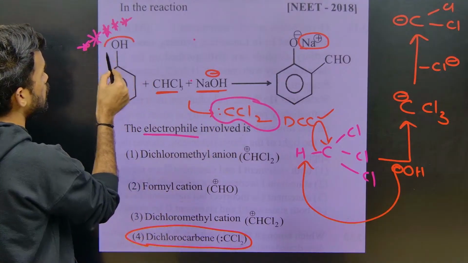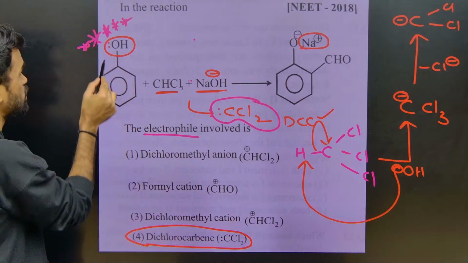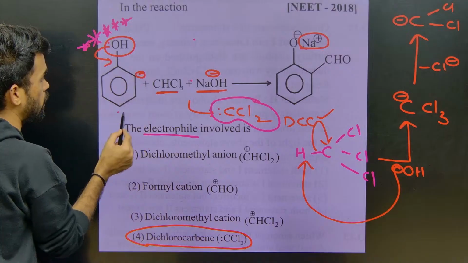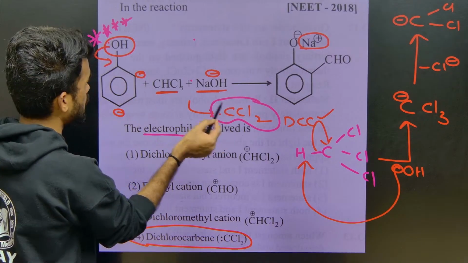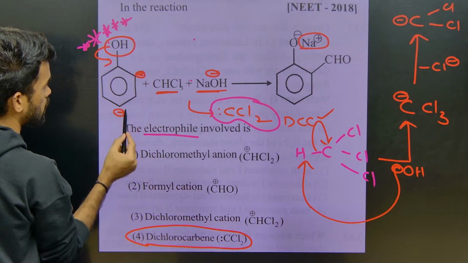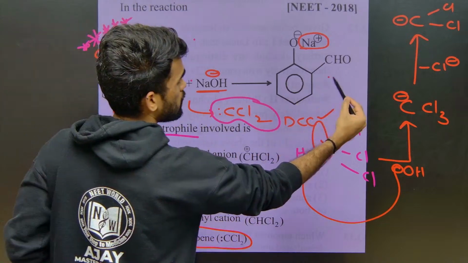We know phenol is a ring activating group, the OH group is there. So it activates the ring at the ortho position, the negative charge is at ortho and para. Therefore this electrophile, which is electron deficient, can attack at this electron rich site of the phenolic ring, at the ortho or the para position. If it is at the ortho position, this will be the major product.